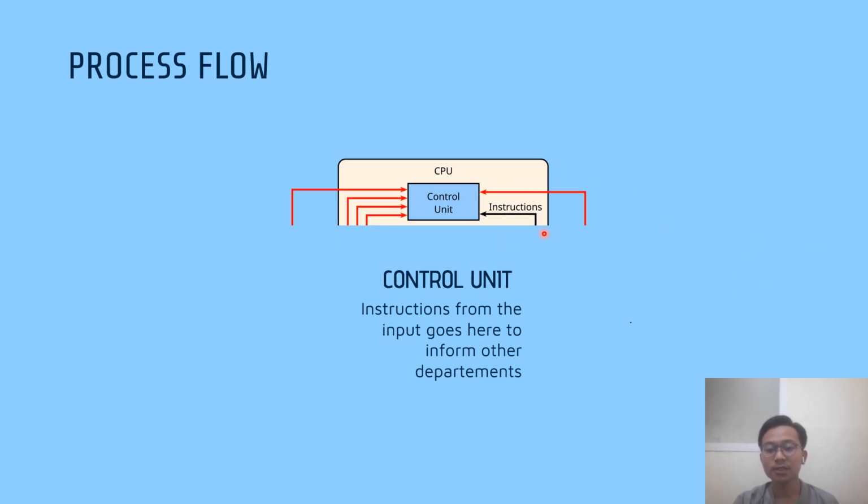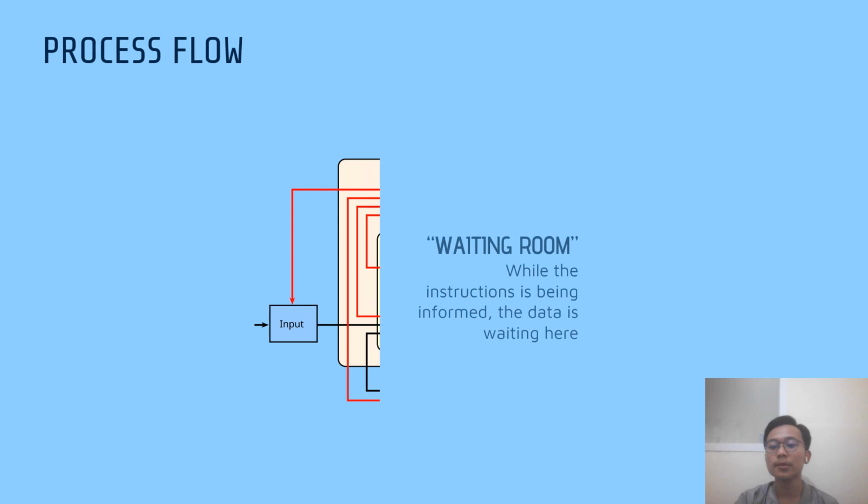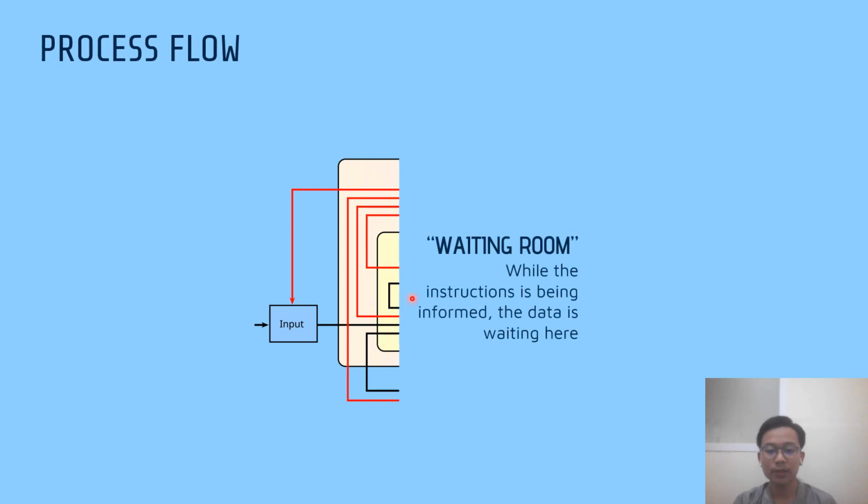So after the instruction is sent to the control unit, how about the data? The data will be waiting in a kind of waiting room between the input and this component, while the instruction is delivered to all departments.